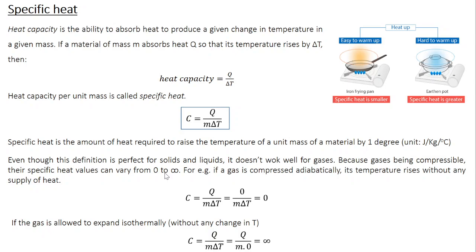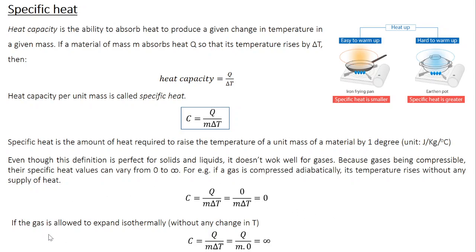For example, imagine that you have some gas which is compressed adiabatically. So in the case of an adiabatic process, the temperature changes but the heat exchange is 0. So if you follow the definition of specific heat, C equal to Q divided by m into delta T, since this is an adiabatic process, the heat exchanged is 0. So your numerator is 0, which gives you the value of specific heat to be 0.